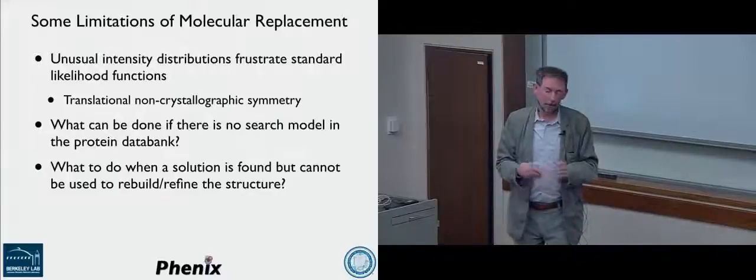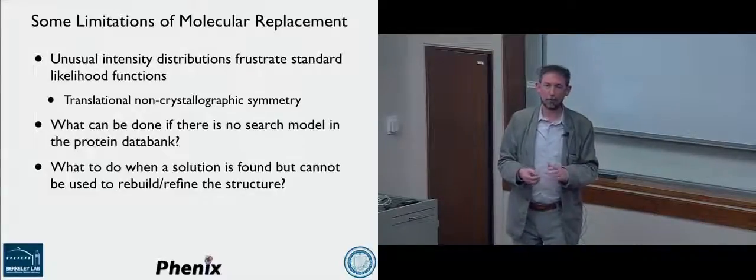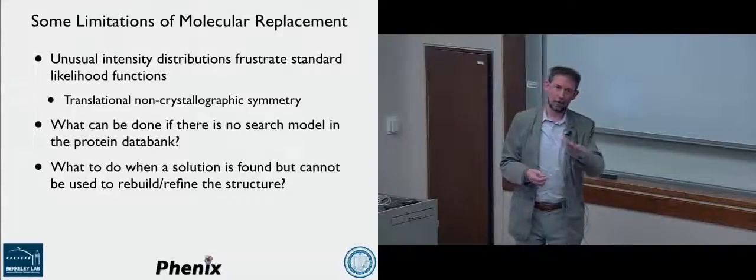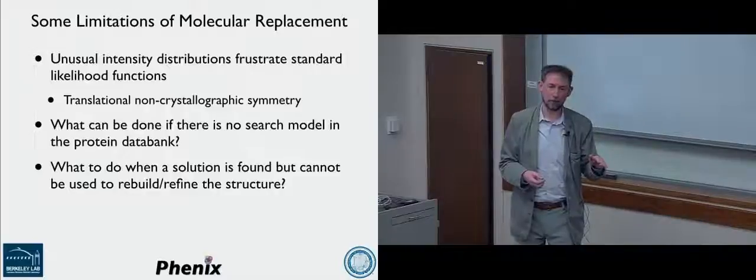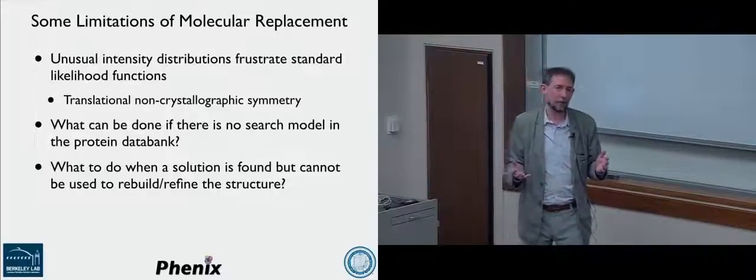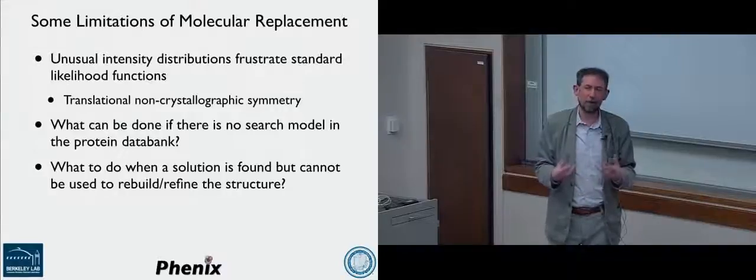Well, there's no definitive answer to that, but as the sequence identity gets lower and lower, the probability that you have the right structure to search with is lower and lower as well. That's just the way it is. So there are a lot of times where you will feel quite confident that you don't have anything to search with, realistically.